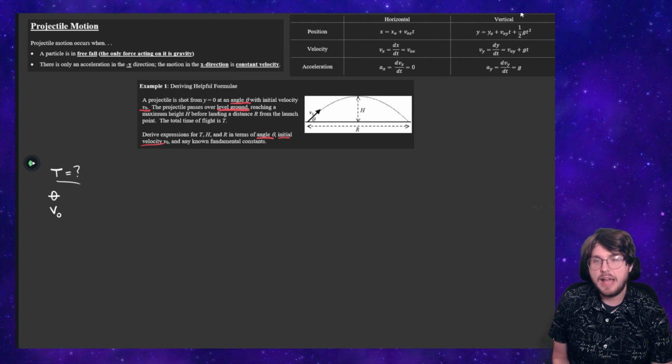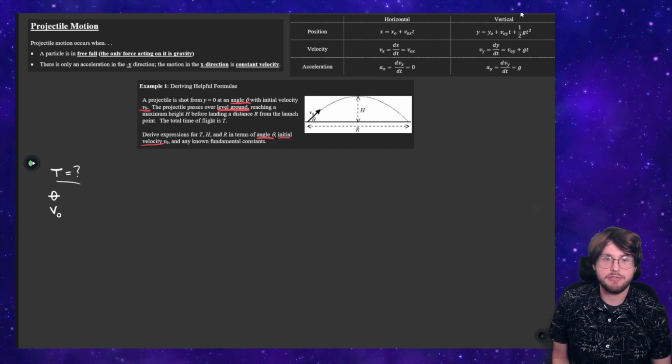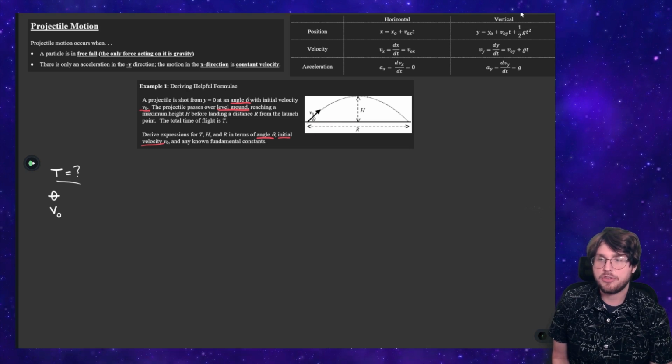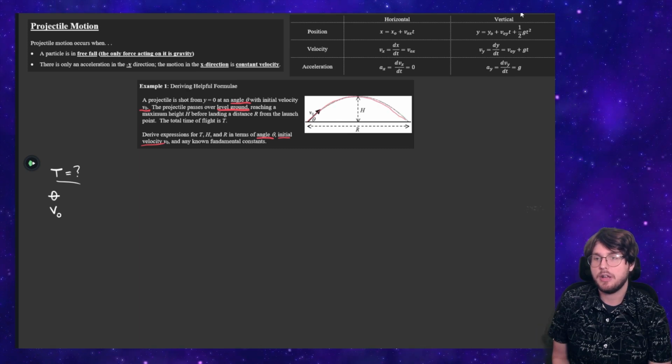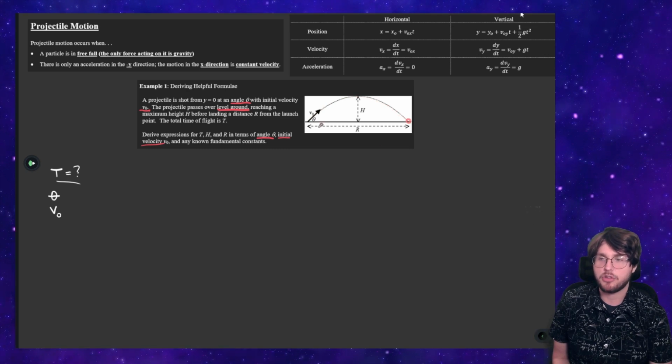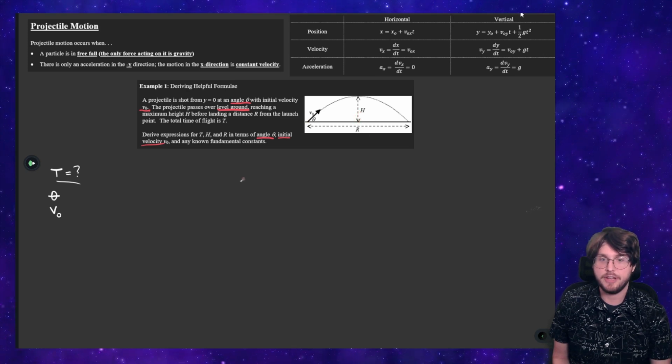And the last thing, if we're finding the total time of flight, notice that this projectile starts here vertically in the y direction, and it travels all the way through this arc and then lands technically at the exact same vertical spot as it did over here, meaning this projectile traveled no net displacement vertically.